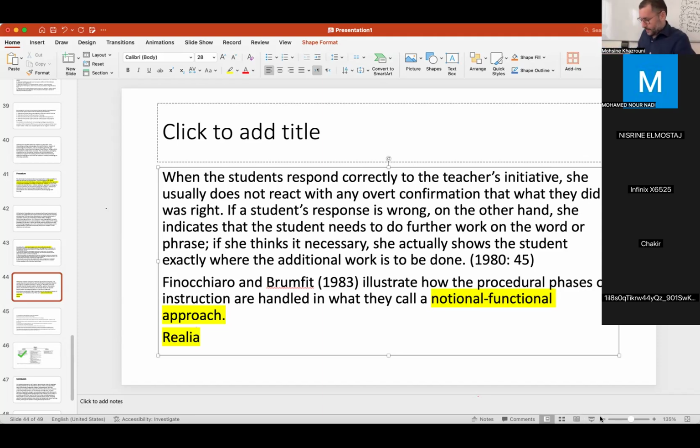Yes, Nisreen, I did. Maybe someone can suggest something else. Maybe design. Design would be too broad. Maybe I'm going to talk about this one: the sequence of units, related to teaching language.